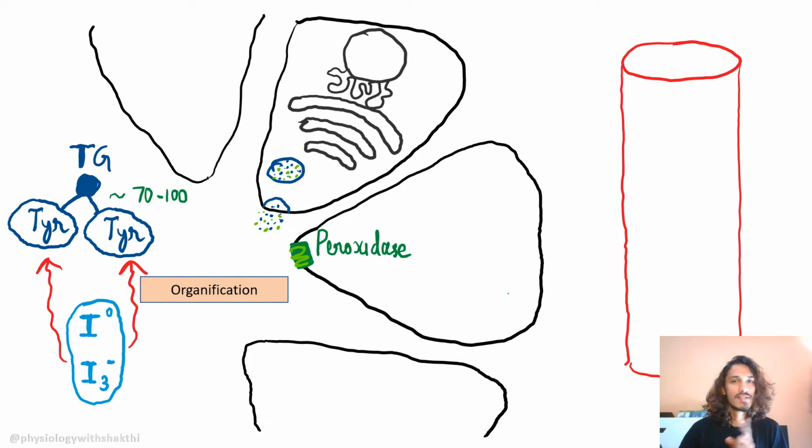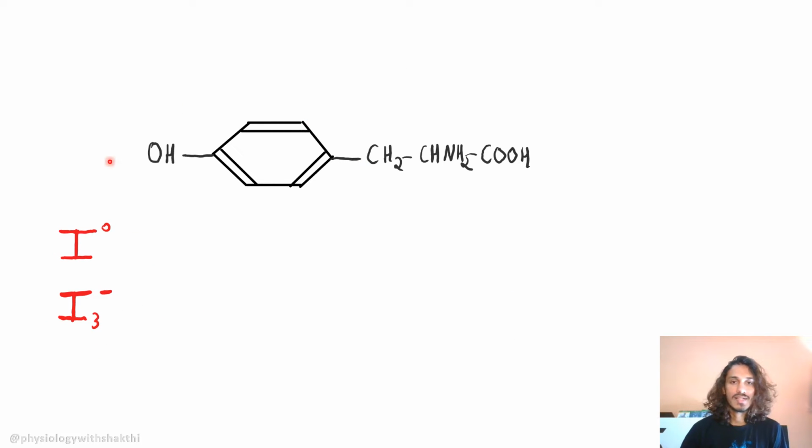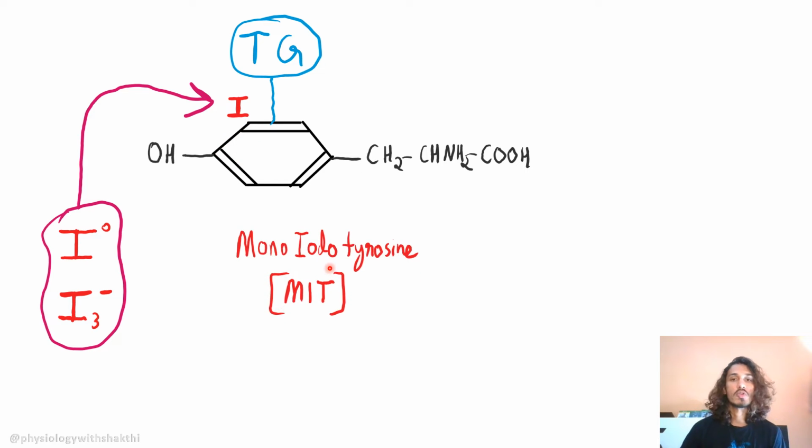Let's take a look at what happens over there. You can see your tyrosine structure. This is attached to your thyroglobulin. We have the OH ring over here, CH2CH and H2COH. So this is your tyrosine, which is attached to your thyroglobulin. Now, when organification takes place, with one iodide coming over here, this is what is called monoiodotyrosine.